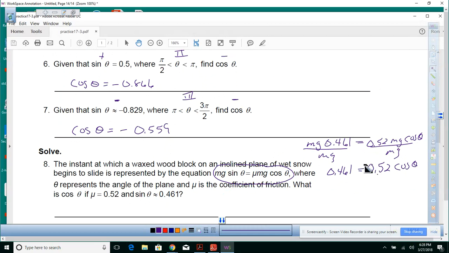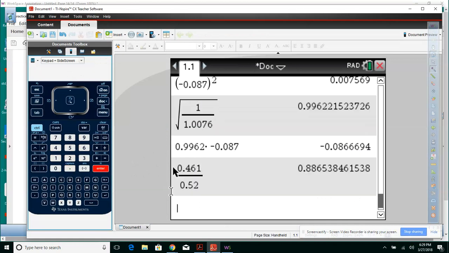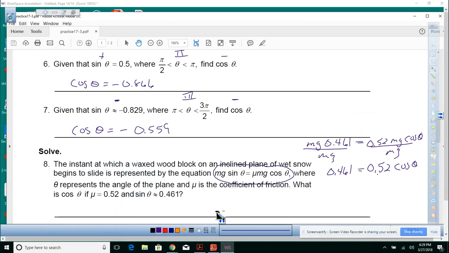If we divide both sides by 0.52, we got 0.461 divided by 0.52. That gives you 0.8865. So 0.8865 equals cosine theta.